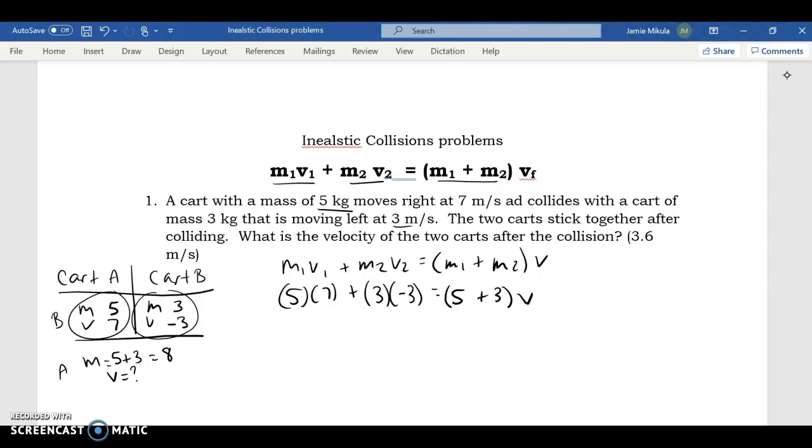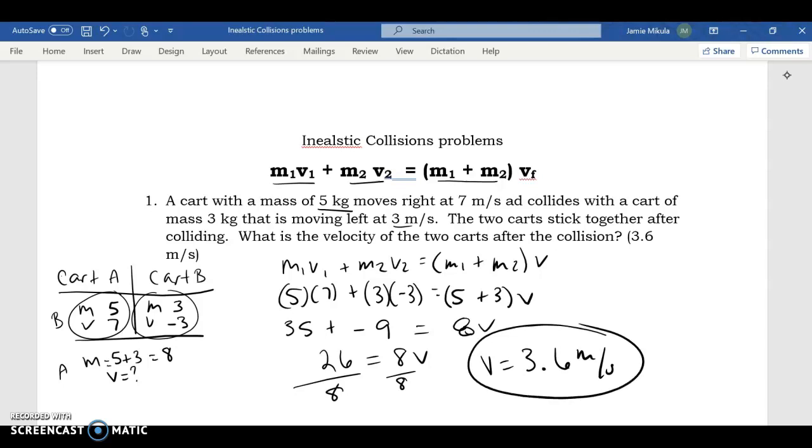So 5 times 7 is 35 plus a -9, and then 5 plus 3 is 8, 8v. All right, so 35 minus 9 is 26 equals 8v, divided by 8 is 3.6 meters per second.